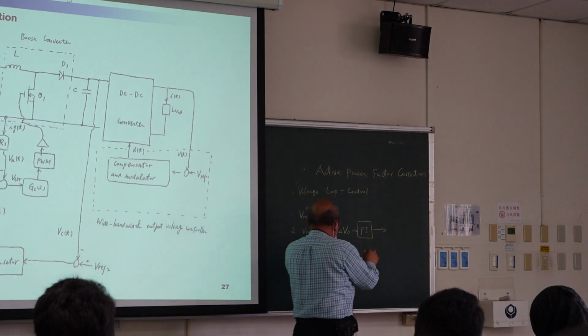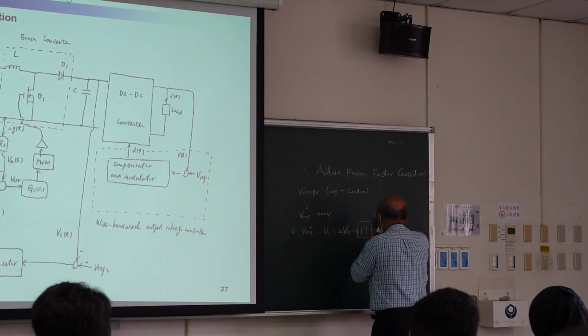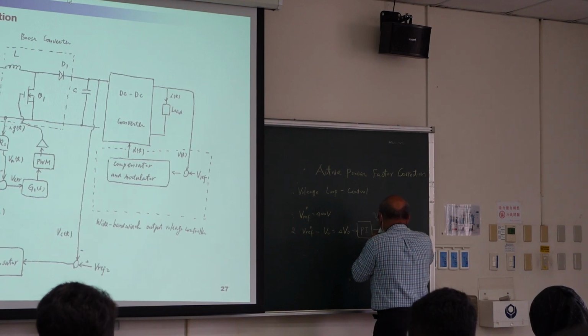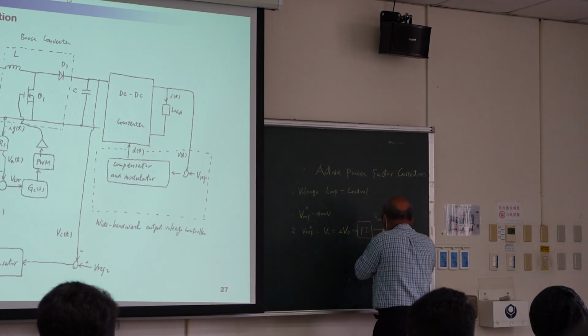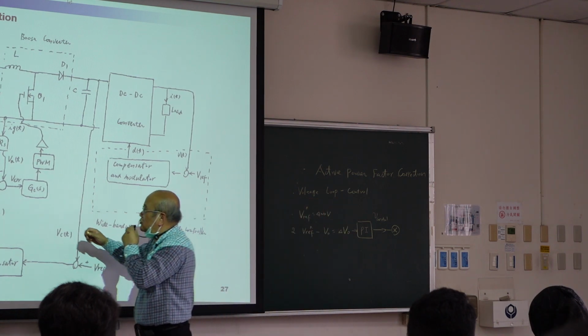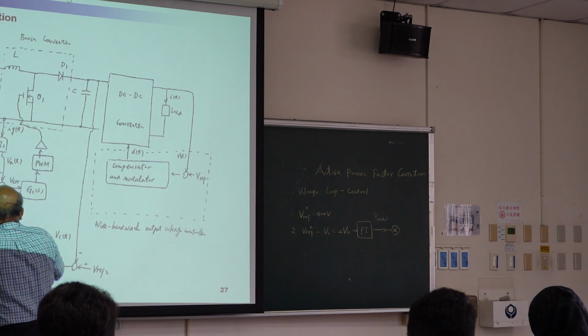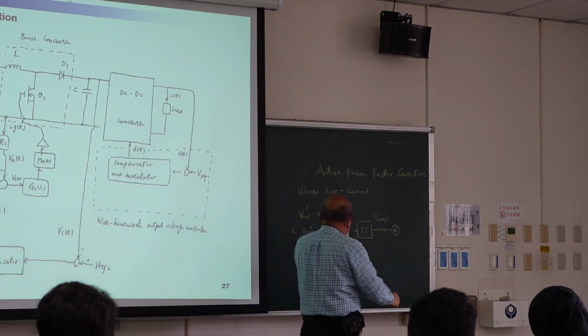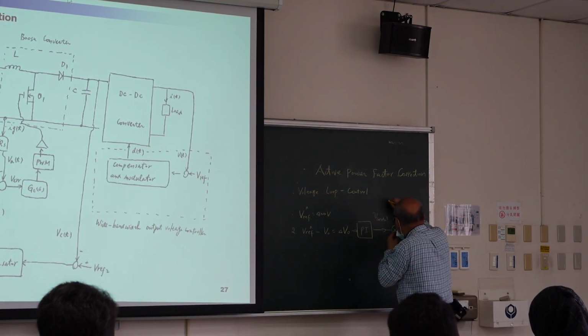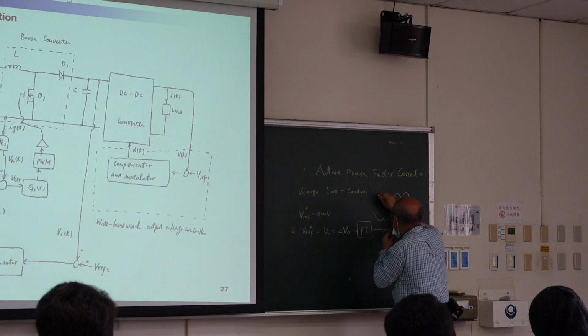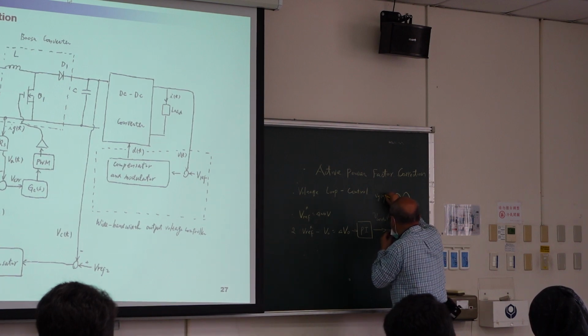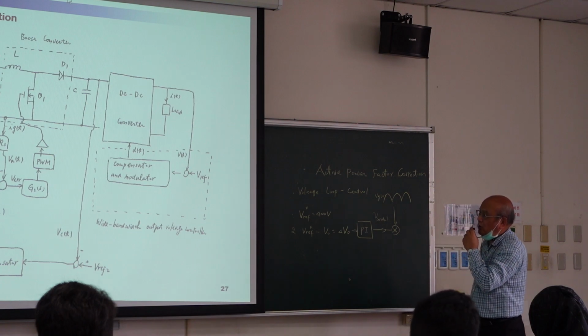So here is V control. And then we use a multiplier to multiply V control and VGT. So here we sense VGT. So this is VGT. Here is our V control.